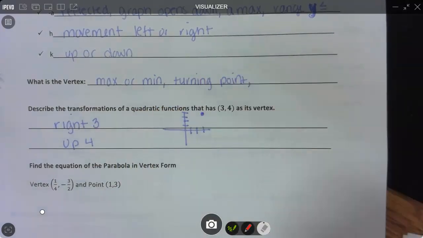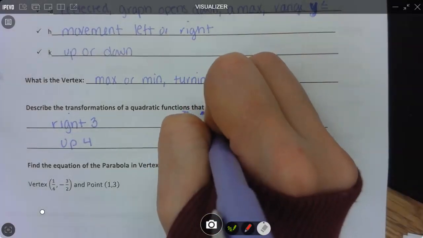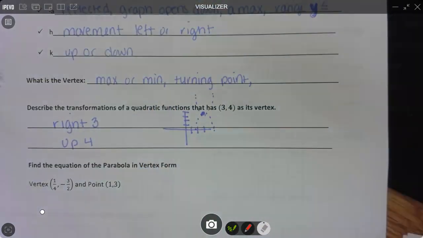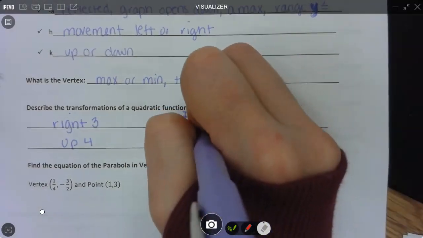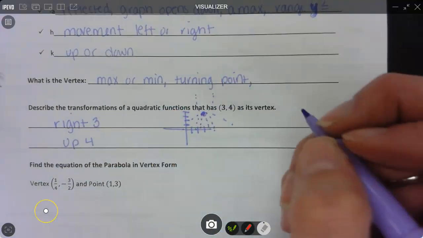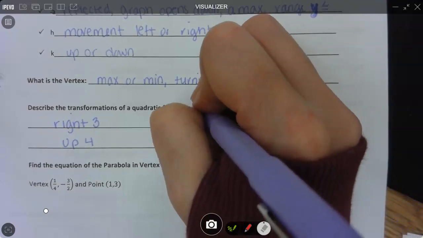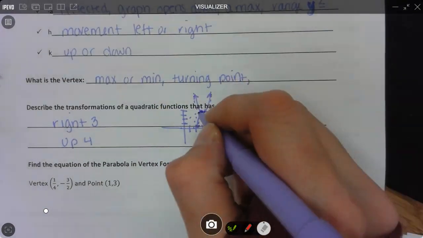Now I have no idea from that vertex whether the graph could be open down or open up. We can't tell that from a vertex. It could be wide. It could be narrow. So again, you can't tell anything from the vertex except that it is the turning point of the graph.